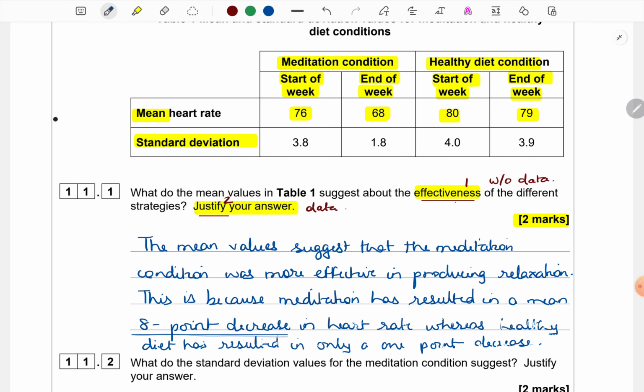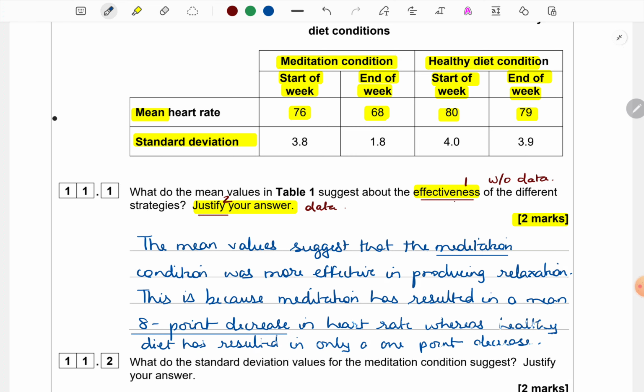Okay, it is important to specify compared to what. So though in the first sentence I haven't compared directly with the healthy diet condition, in the second sentence I have compared it to that.